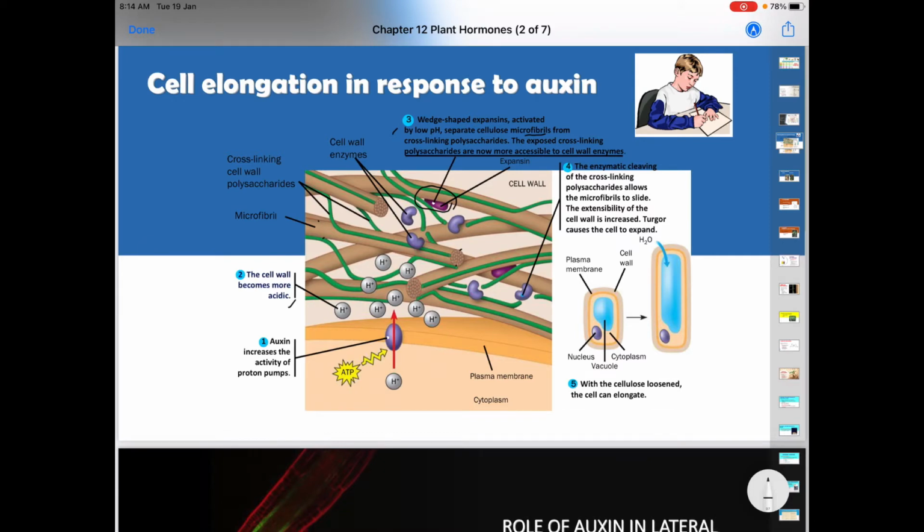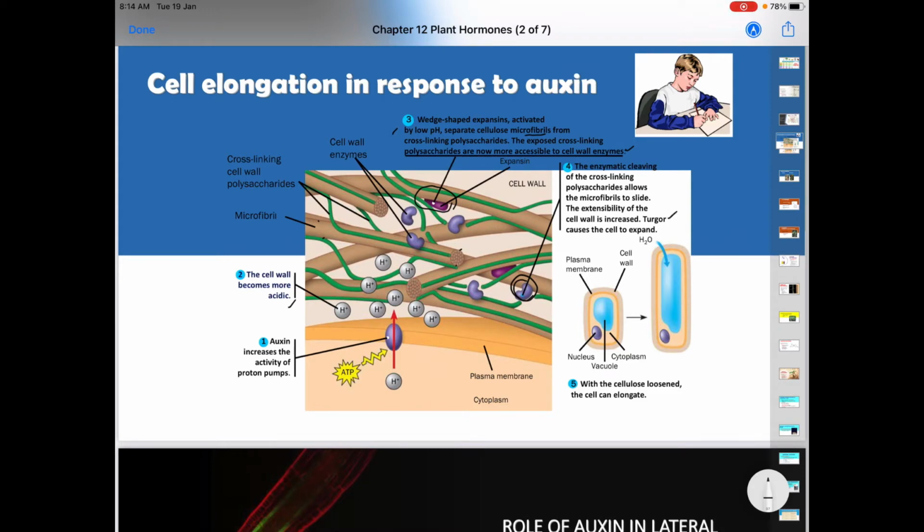So this expansin will help to loosen the cross-linking polysaccharide, and the exposed cross-linking polysaccharides are now more accessible to the cell wall enzymes. So now the cell wall enzyme takes over. This enzymatic cleaving of the cross-linking allows the microfibril to slide, to slide meaning to move.